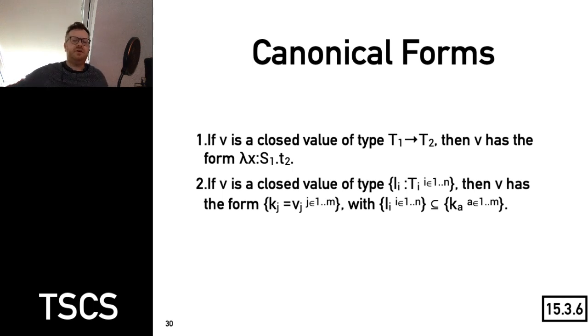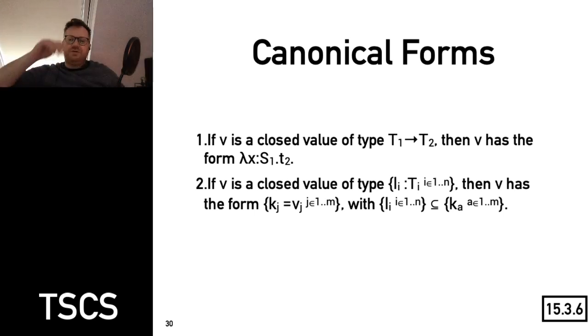Good. Canonical forms lemma. We also need to update this a little bit. And this is because we are using this in the closed values. We changed the closed values a little bit. So if V is a closed value of this function type, then V has this form: lambda x of type S1, the parameter, and the body is T2.